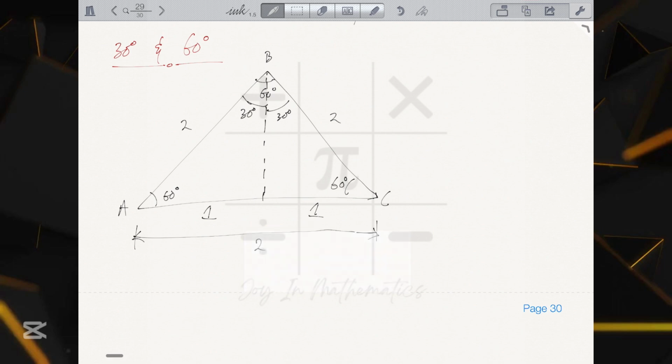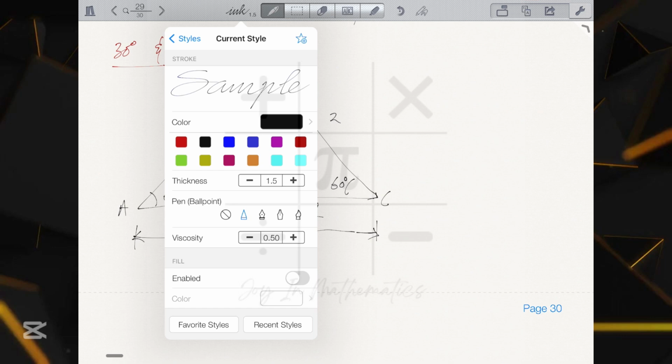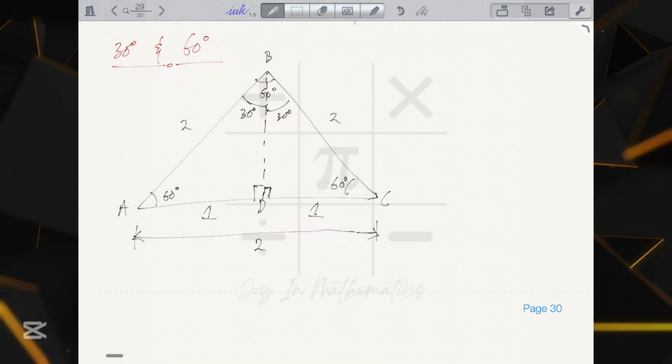And we can call the point of bisection D, and it is a right angle because it is a perpendicular bisector. Now the triangle on the left is the same as the triangle on the right. We have this on the left, and we also have this on the right.